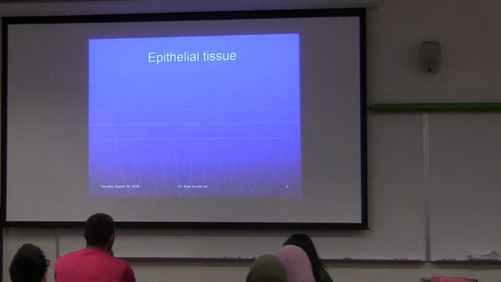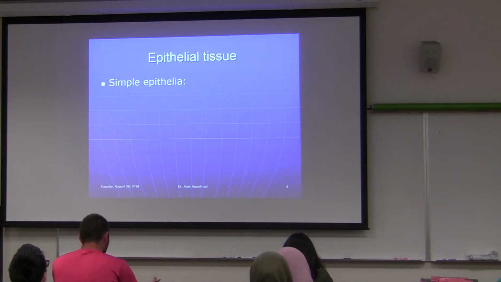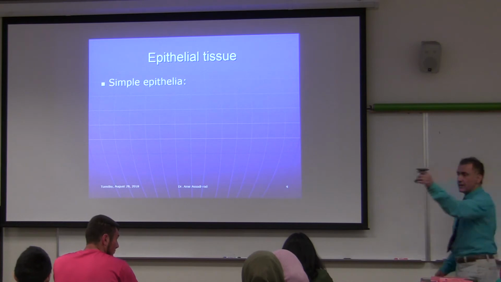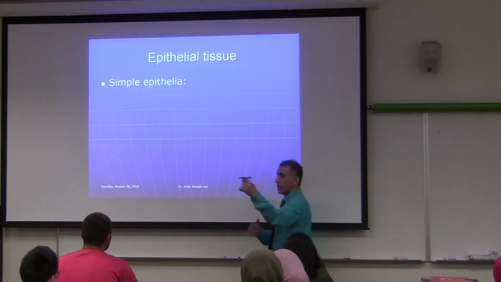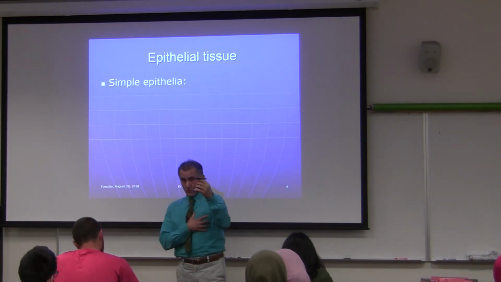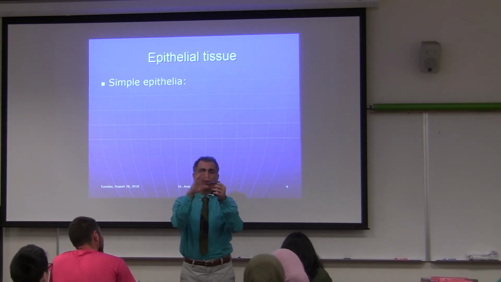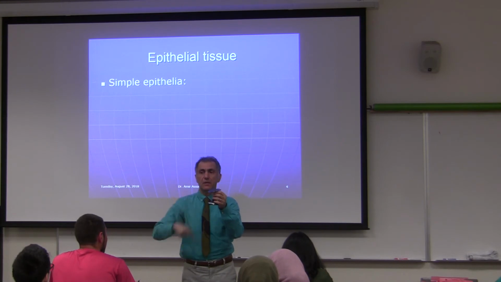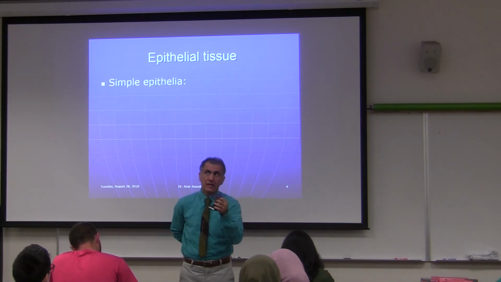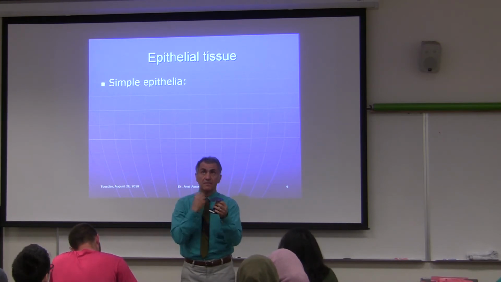Yes. Good. Let's go. Epithelial tissue, simple epithelial tissue, it means epithelial tissue that is only one layer. Your lung, if you do have a slide of it in the lab, is made up of squamous epithelial tissue, only one layer. Your kidney, your thyroid, we have simple cuboidal epithelial tissue.